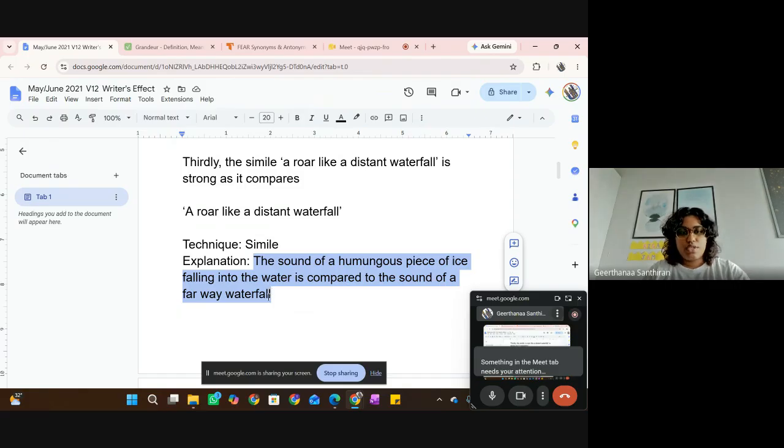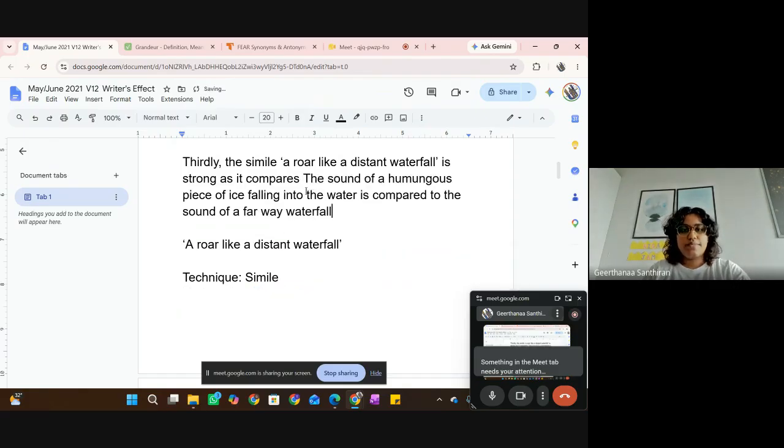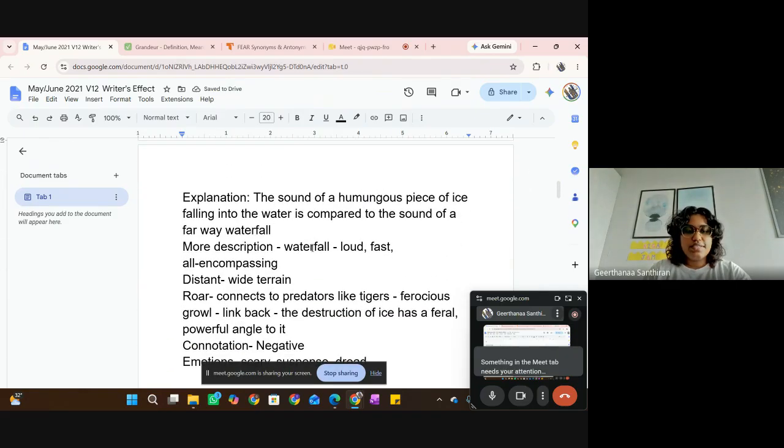Okay, I might have to change it up grammatically. The sound of a humongous piece of ice falling into the water to the sound of a faraway waterfall. A waterfall, I want to describe the sound of a waterfall. A waterfall is loud, fast, and all-encompassing.